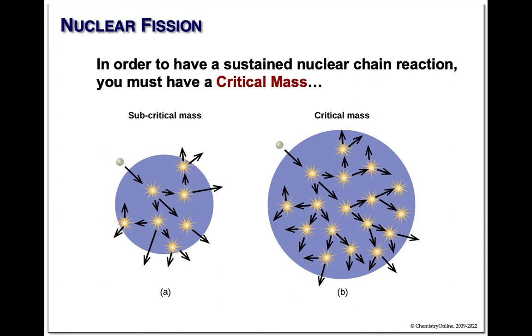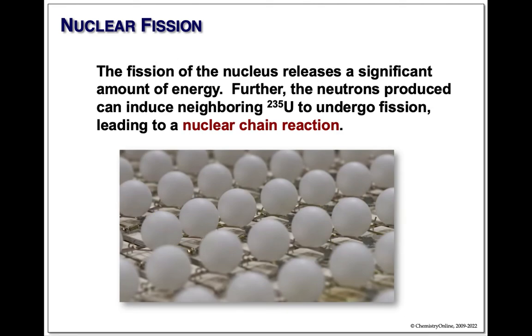So this gets warm, but nothing really happens. But if we have a larger mass, we'll call it a critical mass. Virtually all the neutrons undergo this chain reaction, and we get uncontrolled fission. Let's watch. More ping pong balls.